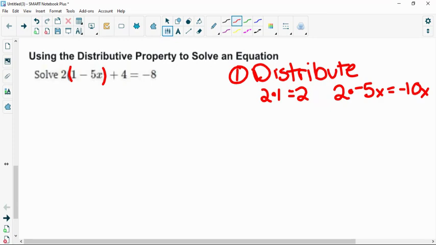So for this first step, 2 times 1 again is 2. 2 times negative 5x is negative 10x. And I have not done anything with the plus 4 or the negative 8, so I carry them down. This creates a new yet equivalent equation to our original.